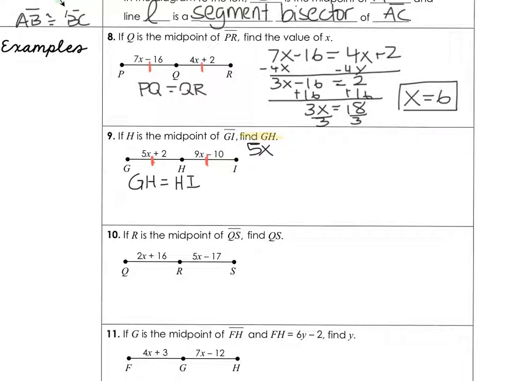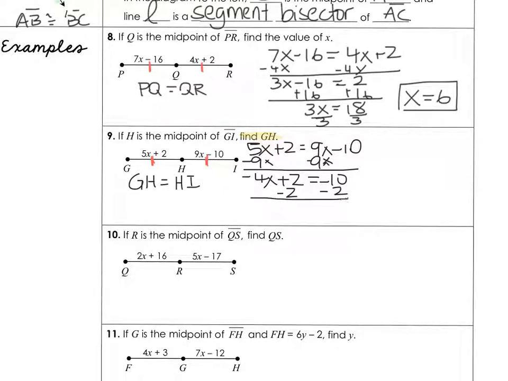So 5x plus 2 equals 9x minus 10. Subtract 9x. Subtract 2. Remember, numbers on one side, variables on the other.